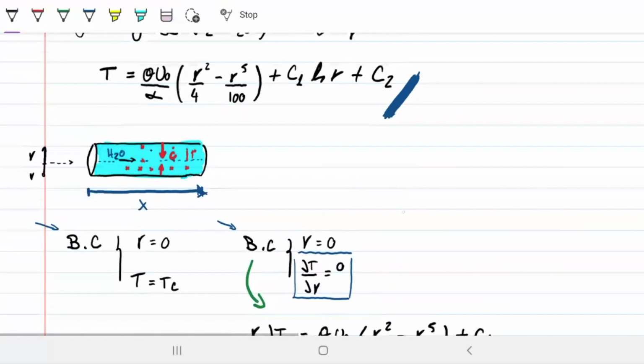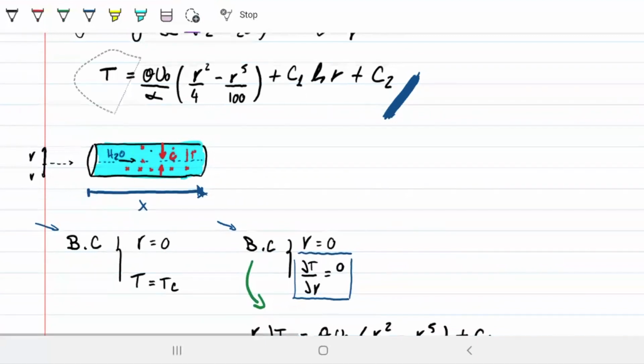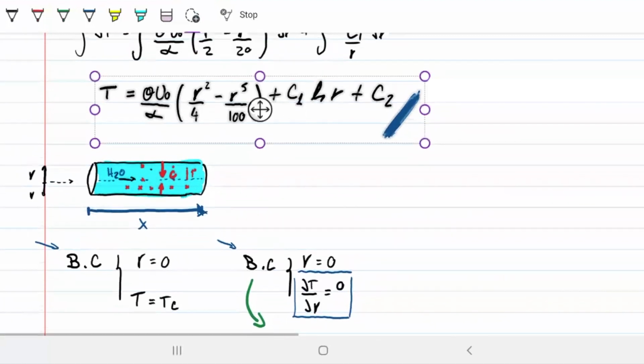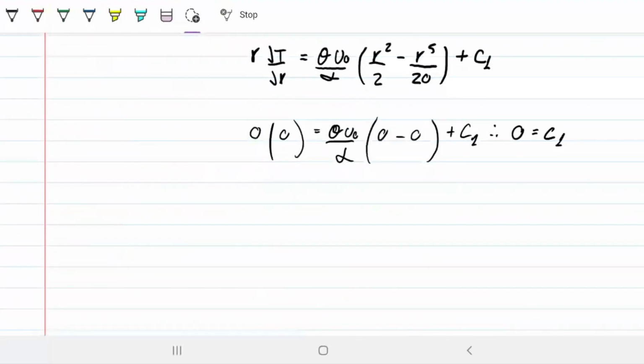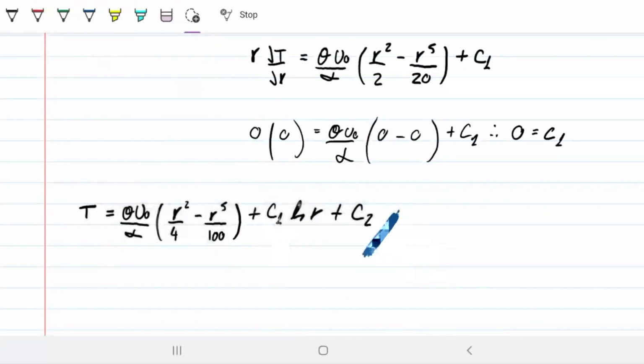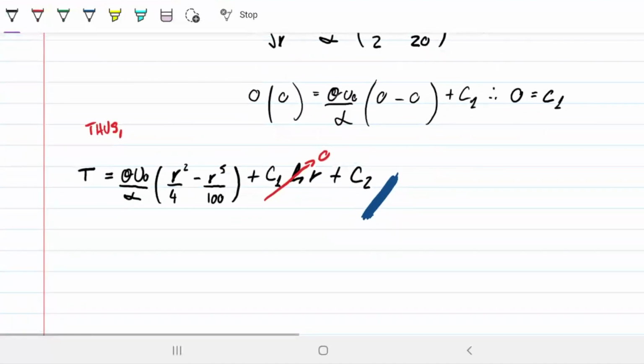By seeing the final answer. So let's now grab this one here, and let's continue now that we could eliminate one of the constants. So this goes to 0.